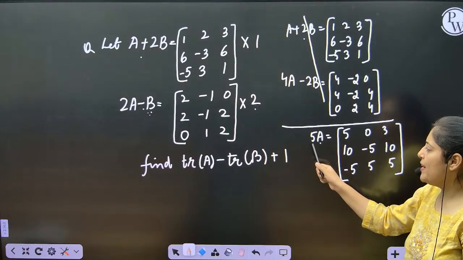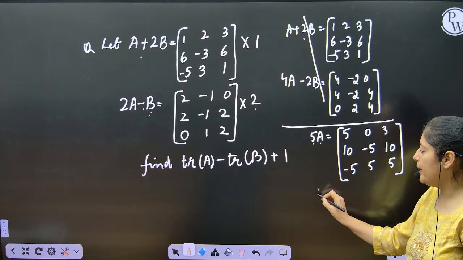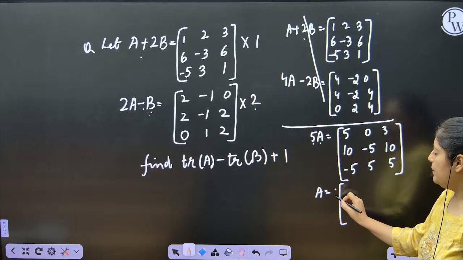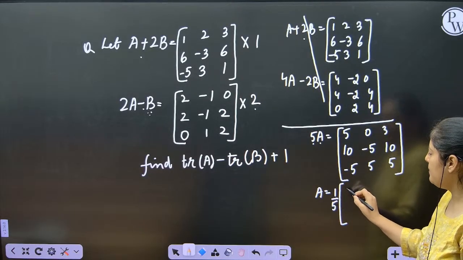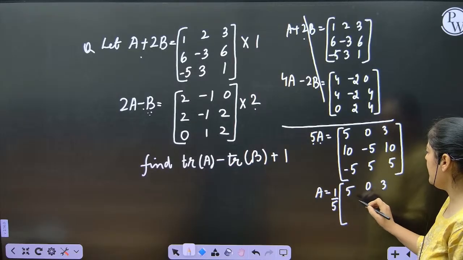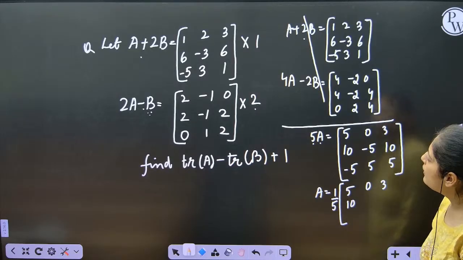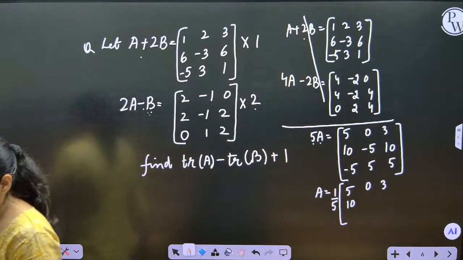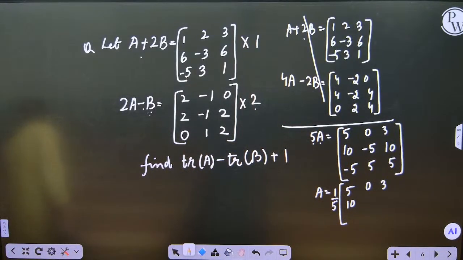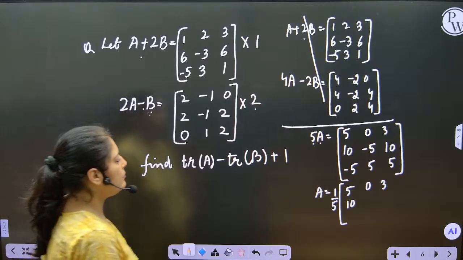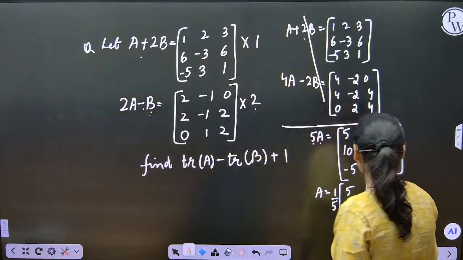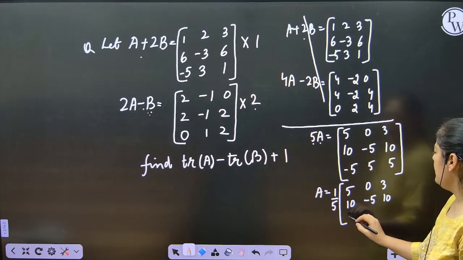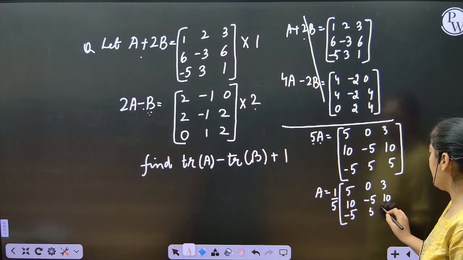Now this 5 is multiplied here on the right side, it will become divide. So A matrix is nothing but 1 by 5 of all the numbers, 5, 0, 3, 10, minus 5, 10, minus 5, 5, and 5.